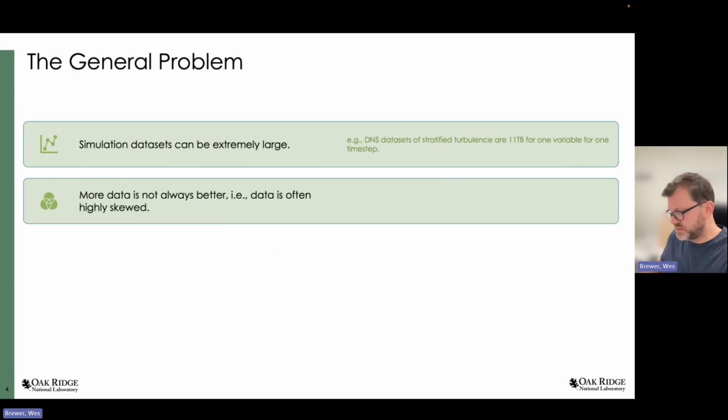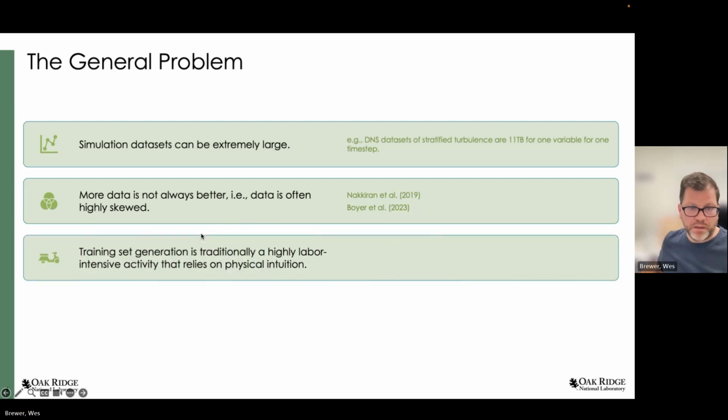We also ran into this in a paper that we recently put out with Matthew Boyer in 2020 on our development of a machine learned cruise guide indicator. Another problem here is that training set generation is traditionally a highly labor intensive activity that relies on physical intuition.